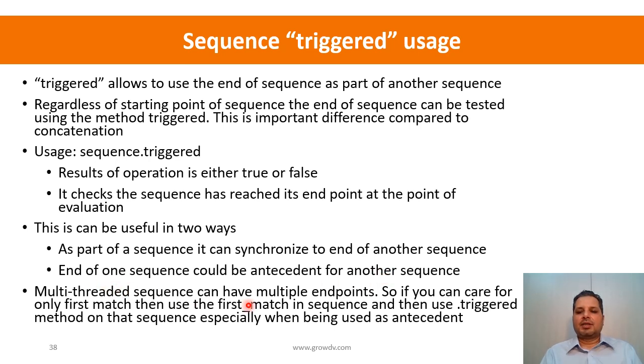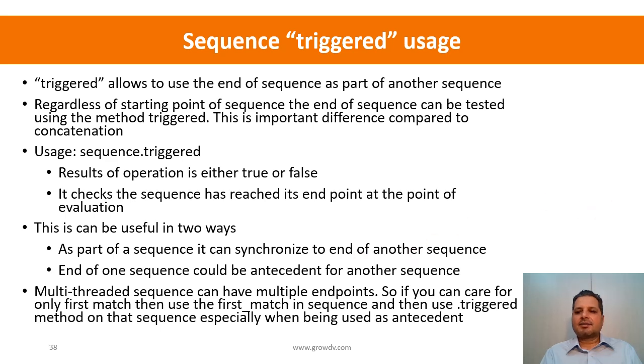And as we know, they can be multi-threaded sequences, so there can be multiple endpoints. So dot triggered will give you all of those endpoints, and if you only care about the first one, you can use the first match operator on the sequence dot triggered to use only the first one and discard the rest of the threads. So that is possible. So you can combine that.